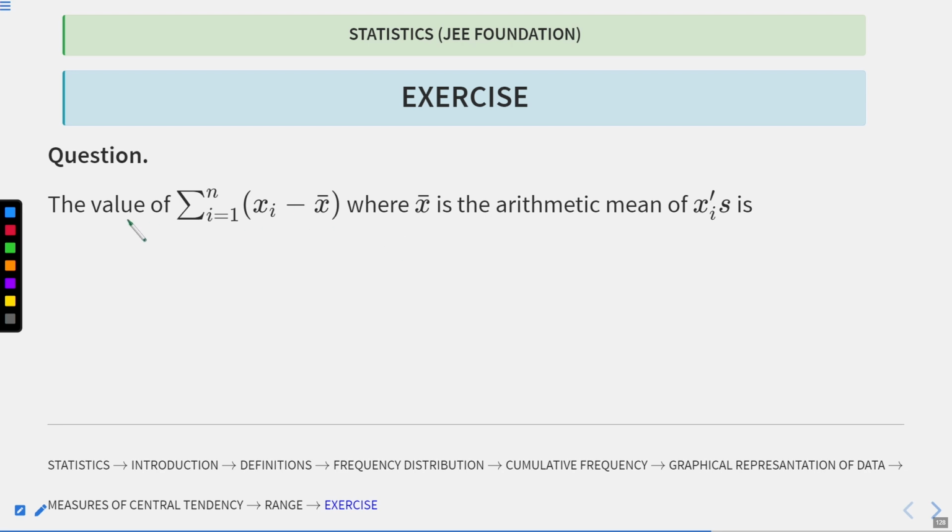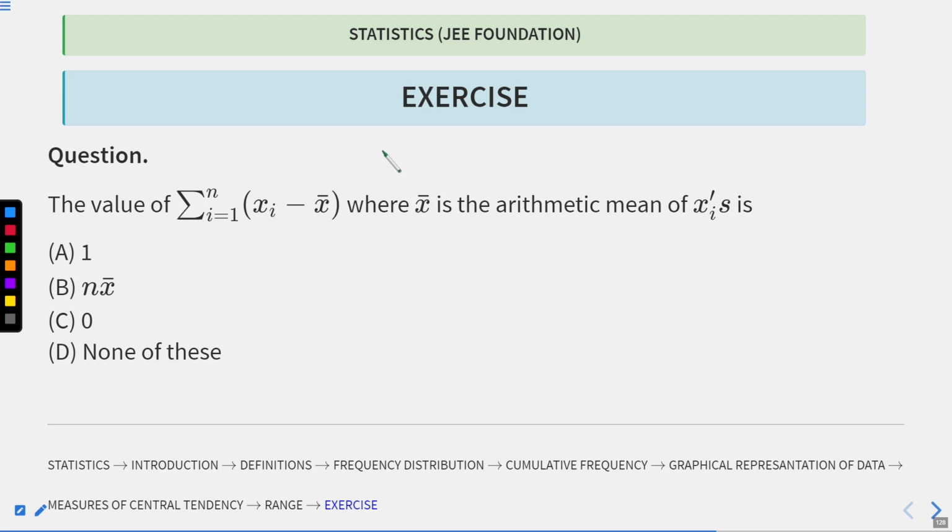In the next question, it says the value of this summation, where x bar is my arithmetic mean of xi's, is. So I have to find out the value of this. It is quite easy to find out.